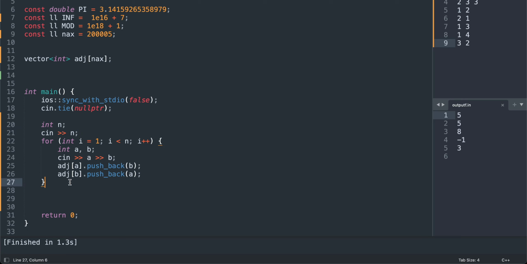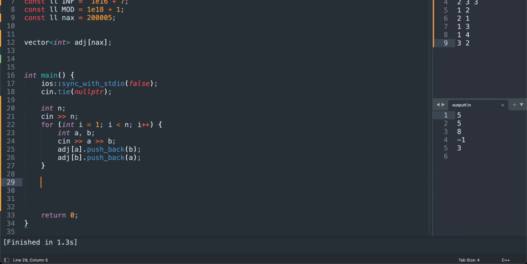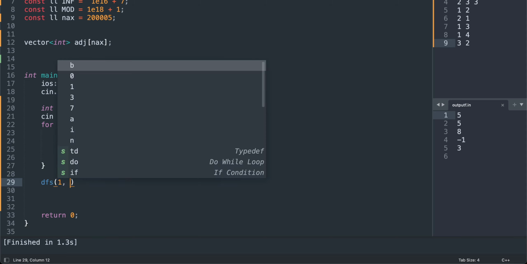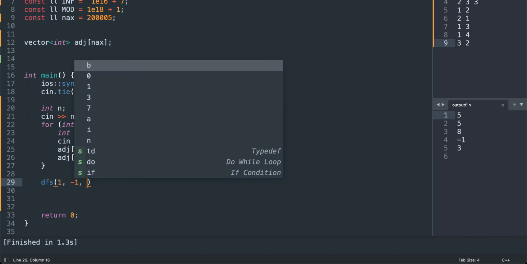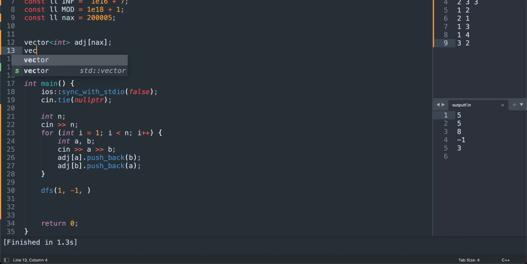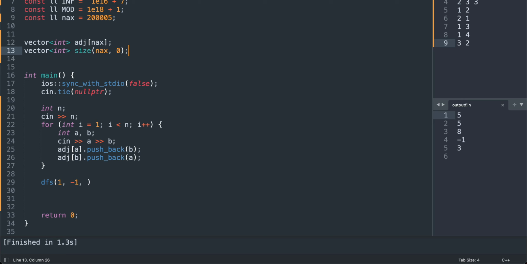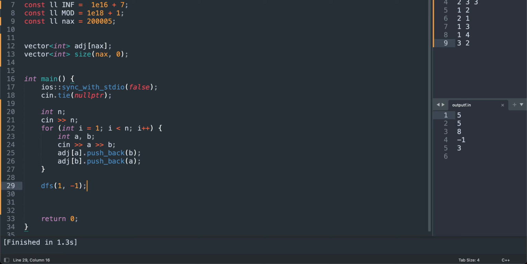Let's find the size. Let's fix the root at 1. That means we can call the DFS at 1 with the parent as -1. And what else? I need to calculate the size of each node. Okay, let's write a vector of integers, size of every node. Size of every subtree is 0 initially, so we don't need to call this.